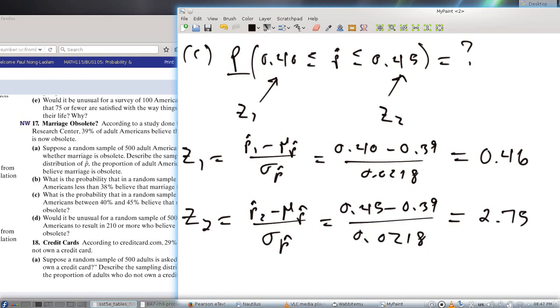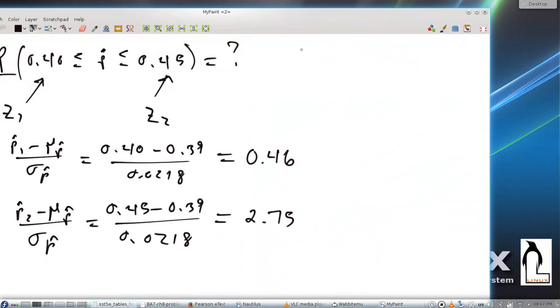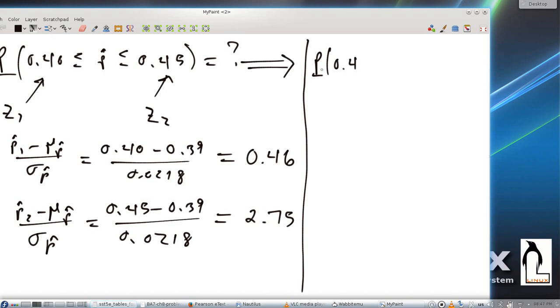Now I'm going to rewrite this. Here we have P of Z now between 0.46 and 2.75. In fact, this is what the new expression in Z looks like. And if you're interested, you can see the curve looks like this.